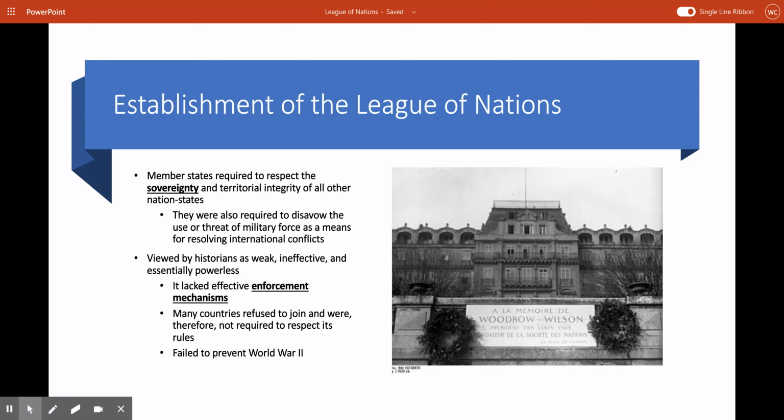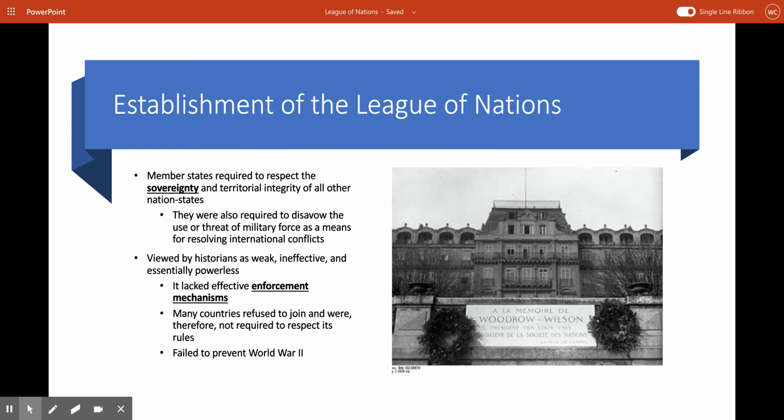This means they didn't have troops, right? They didn't have actual military forces, unlike the UN today, which I'll talk about later on in the lesson. But they didn't have any way to enforce their rulings, right? When they came up with a resolution, there was no way for the League to actually enforce it.